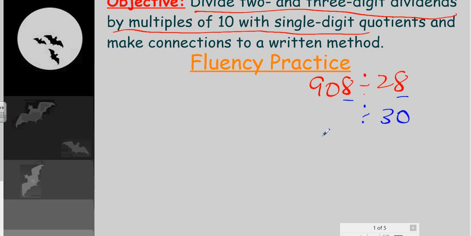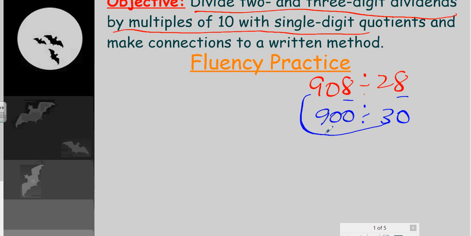Again, we're just doing this as an estimate. If you notice, which you guys are really good at, this 9 and 3 are very compatible because 3 times 3 is 9. So wouldn't it be nice if we could just change that 908 to 900? It would be pretty cool. And so we've done that.